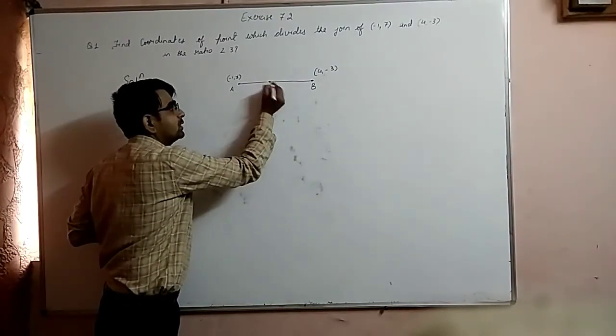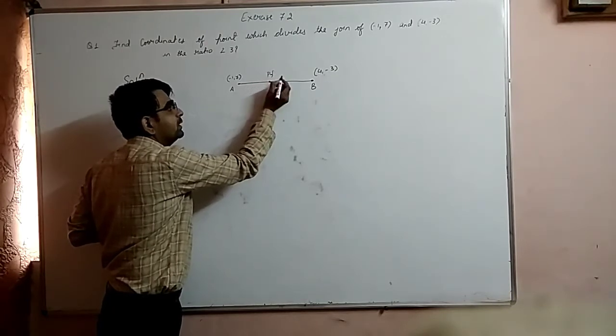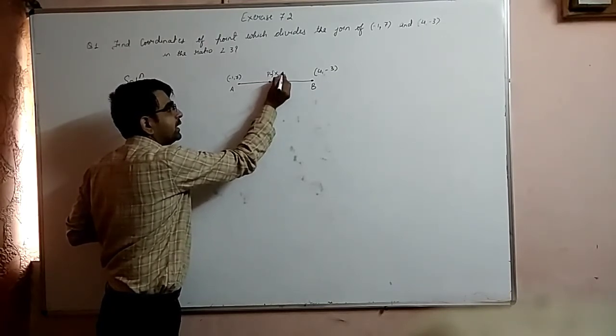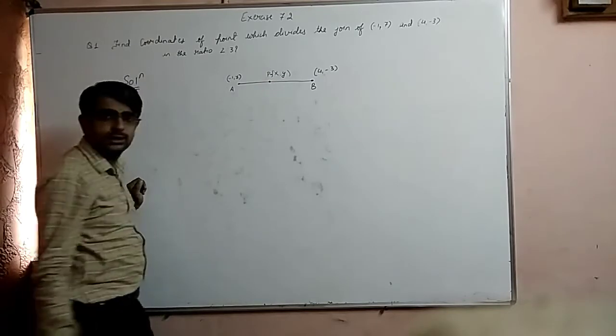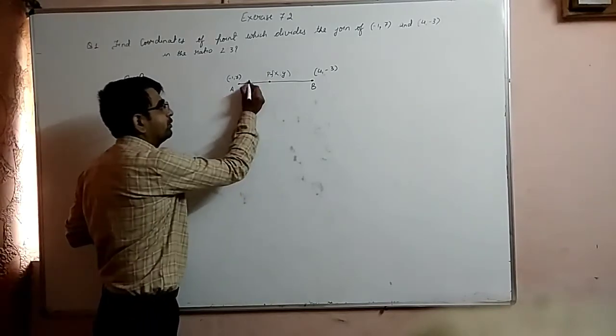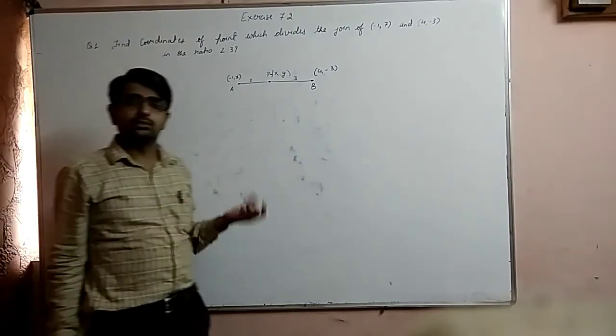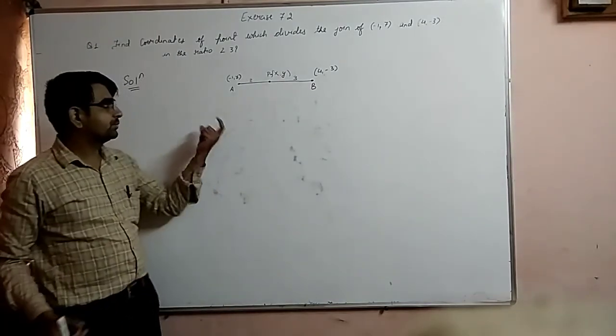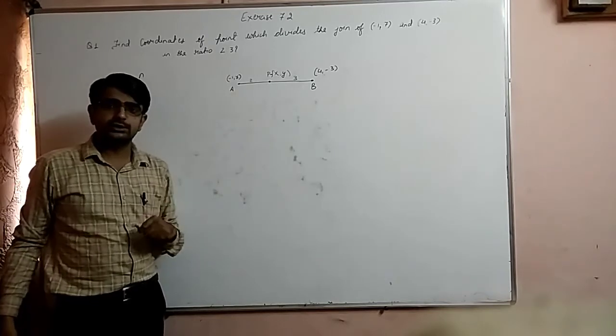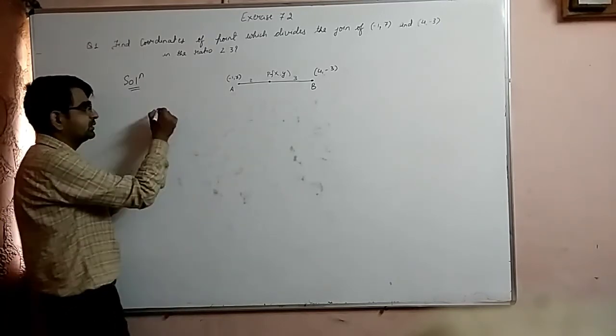So suppose our point is P, whose coordinates are say (x, y). And the ratio given is 2:3. Now these are the things which are given to us. We will start our solution.